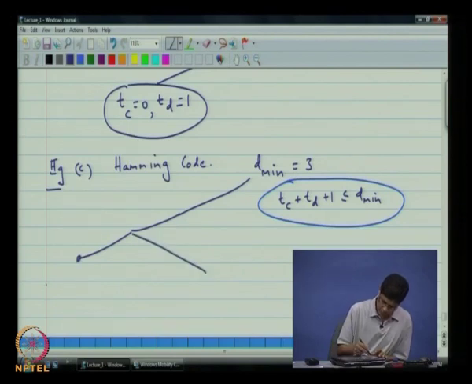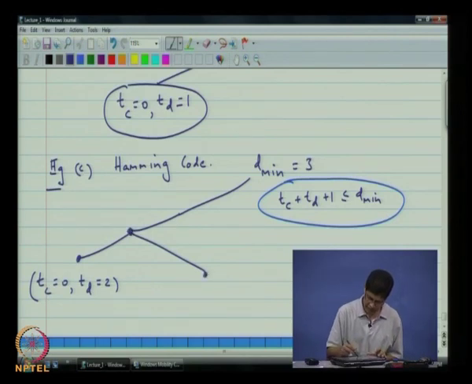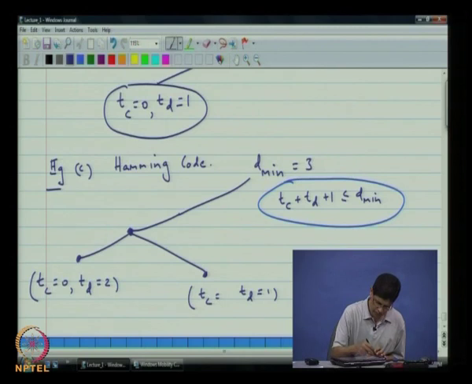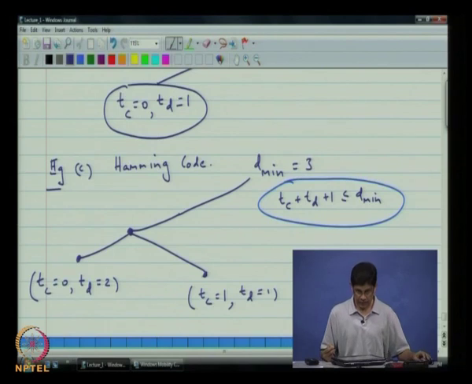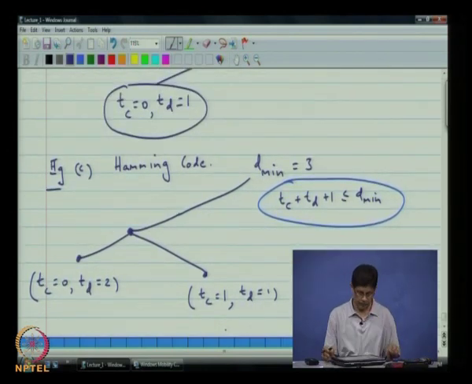In one way you could use it with T sub C equal to 0, T sub D equal to 2. So, you can detect 2 errors, but not correct any errors. The other alternative is to correct a single error, and this corresponds to the case when T sub C and T sub D are both equal to 1. So, we have seen 3 examples of how the code's minimum distance determines the associated error correction capabilities.